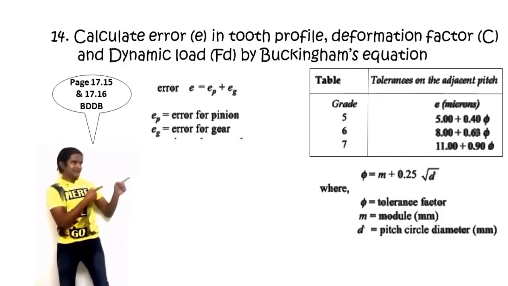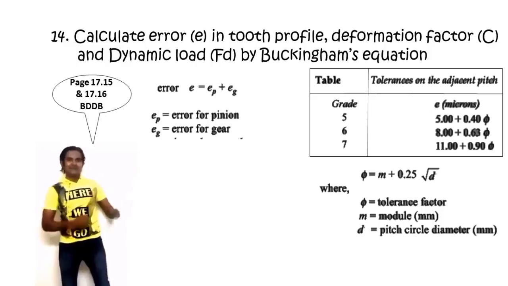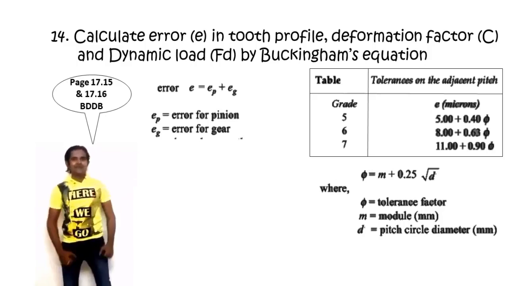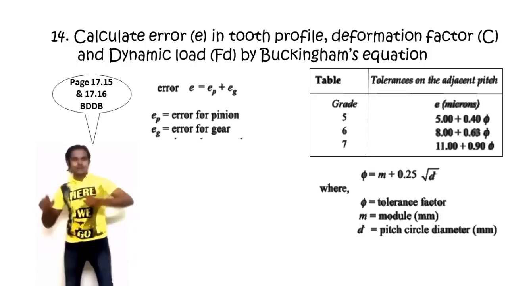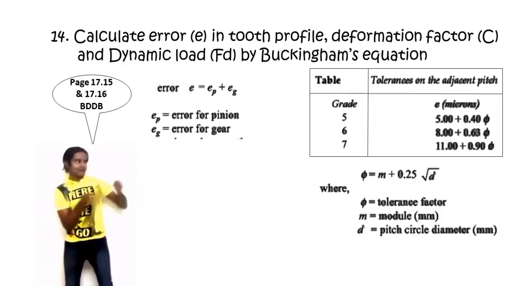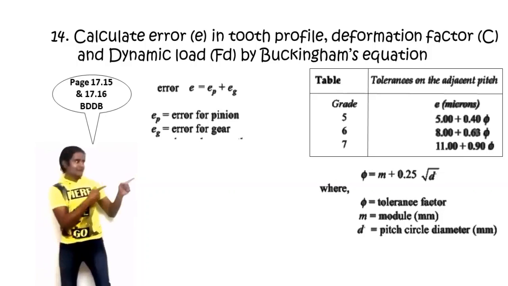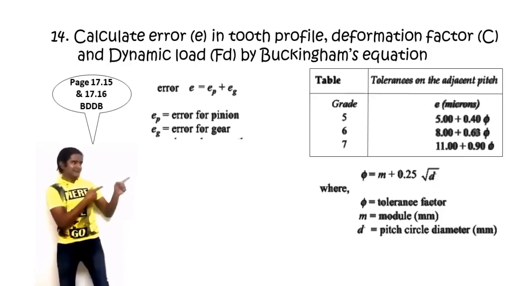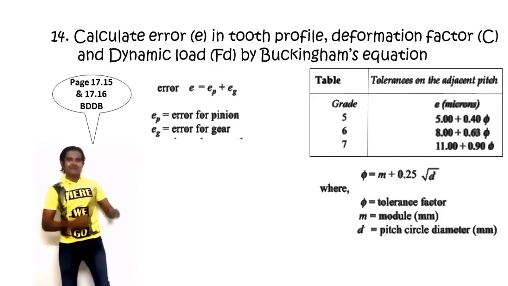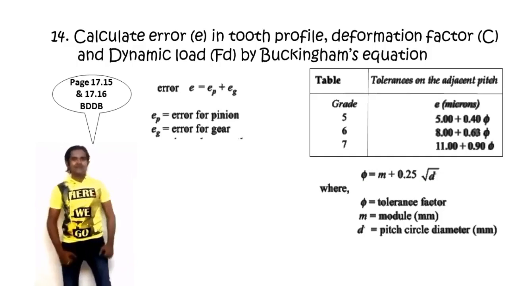So you have to use the formula which is small e is EP plus EG. Once you do EP plus EG, you will have the value in microns. You have to convert it into mm, right? So 1 mm is 1000 microns, or 1 micron is 10 raised to minus 3 mm. So you have to multiply it by 10 raised to minus 3. Then you will get the value of error in mm.